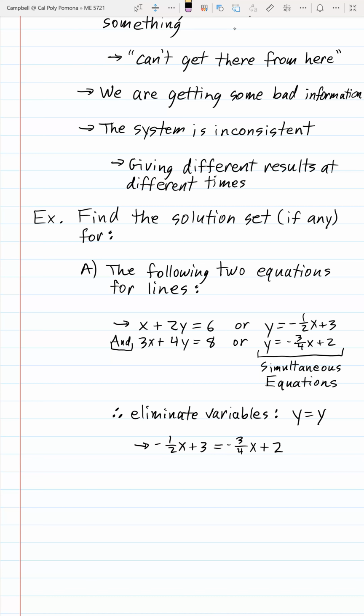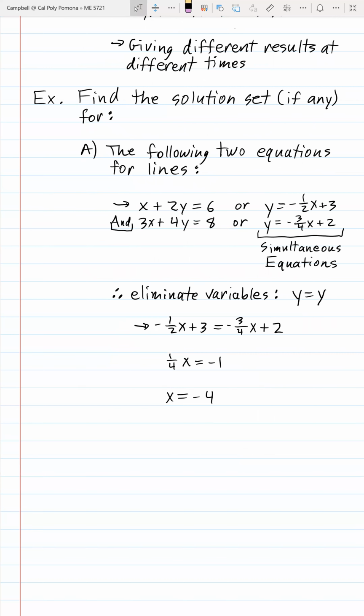Then isolating the x's on one side and the constant terms on the other side, we can quickly see we will end up with a 1/4, recognizing, of course, that 1/2 is nothing more than 2/4. So we end up with 1/4 x is equal to -1. We can then say that x is equal to -4.